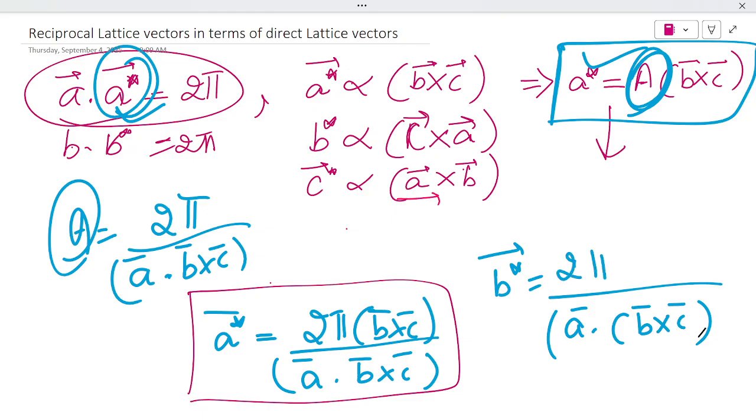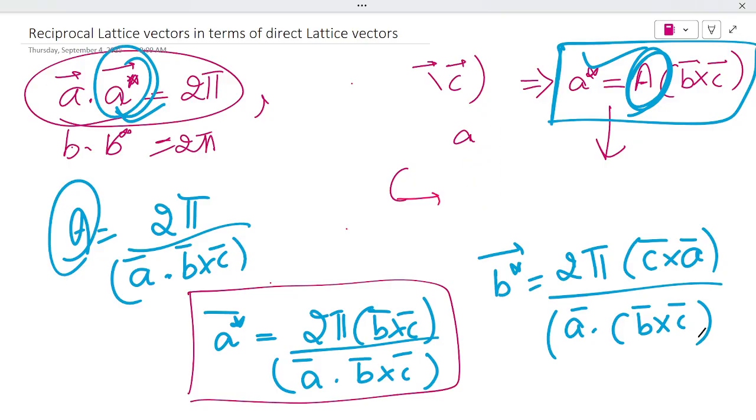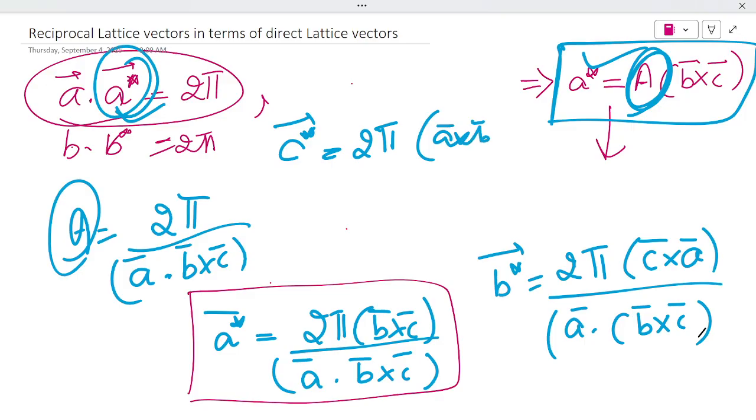So this will be the cross multiplication of C cross A. Similarly, the C star will be 2 pi A cross B divided by A dot B cross C.